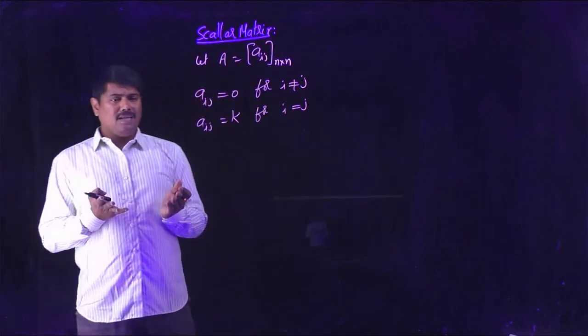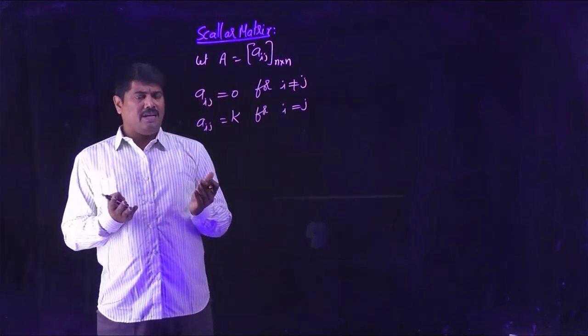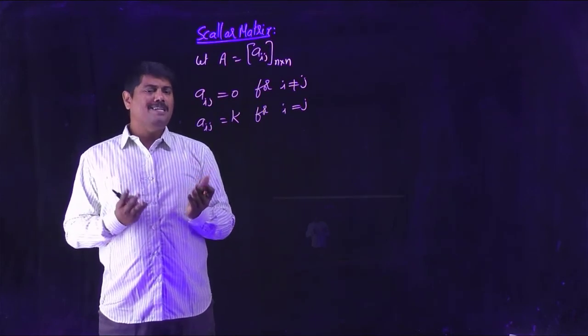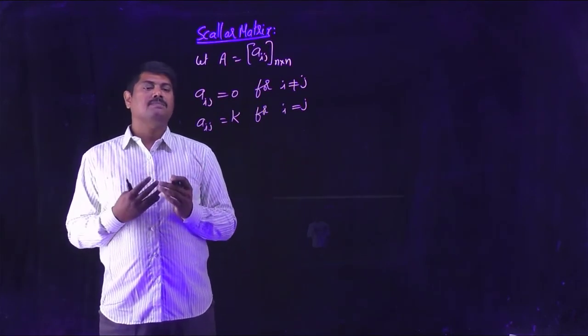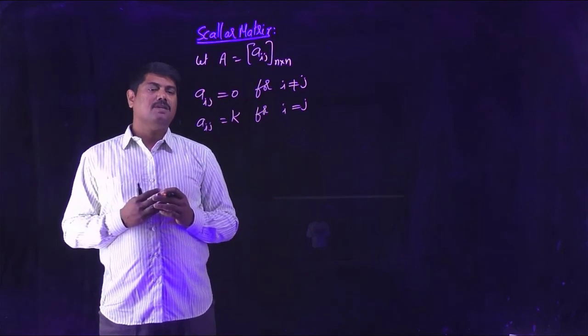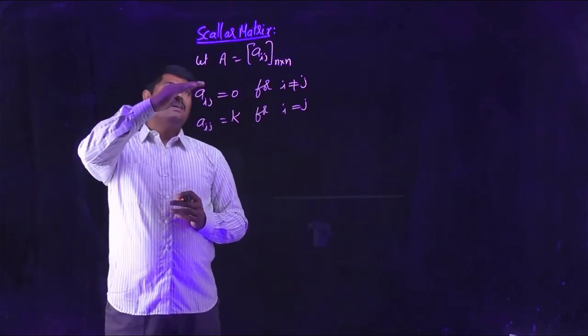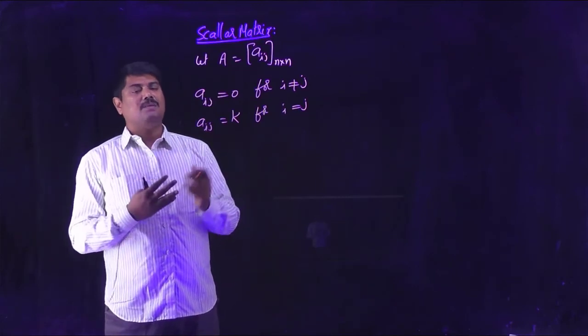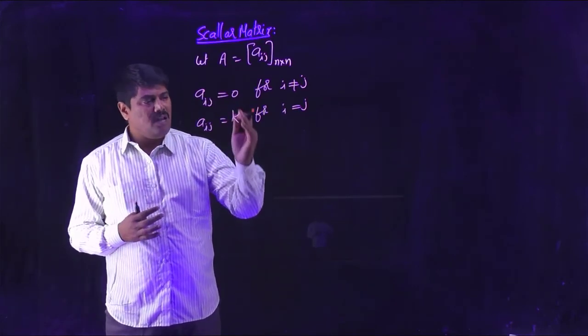So simply you can say, a scalar matrix is a diagonal matrix whose principal diagonal elements are all equal to a scalar. So this is nothing but a diagonal matrix with a small variation.